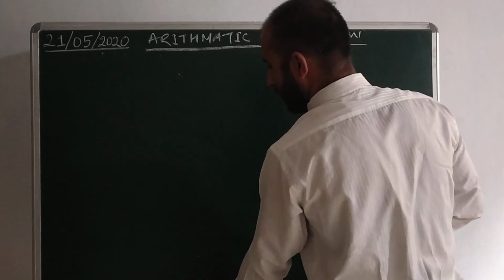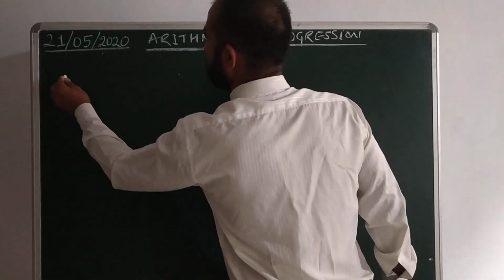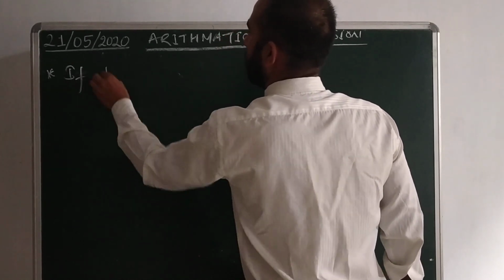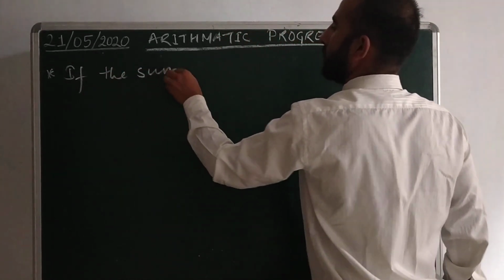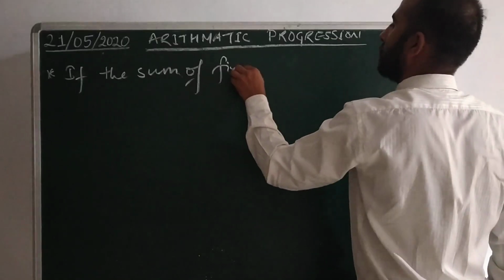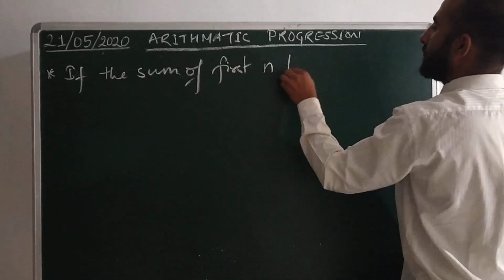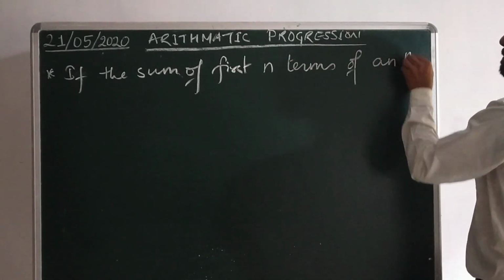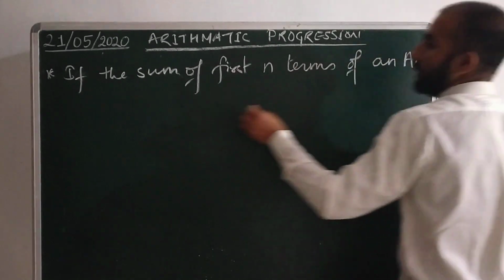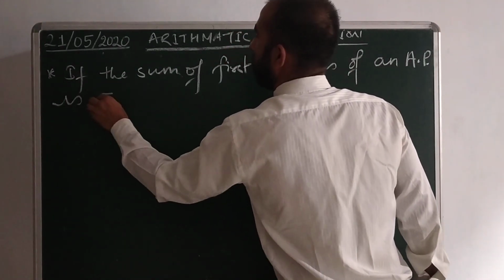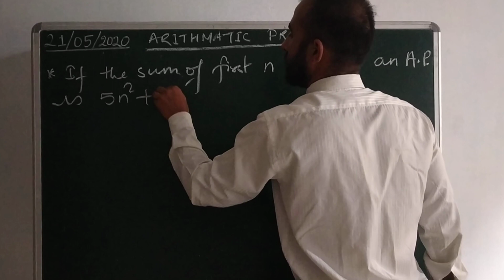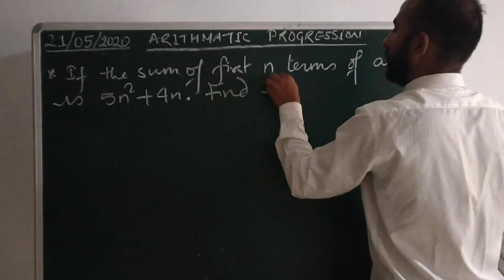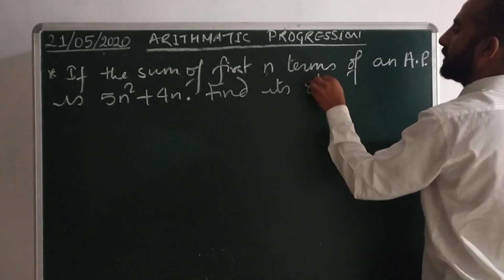Let me write the question. See, if the sum of first n terms of an AP is 5n squared plus 4n, find its eighth term.